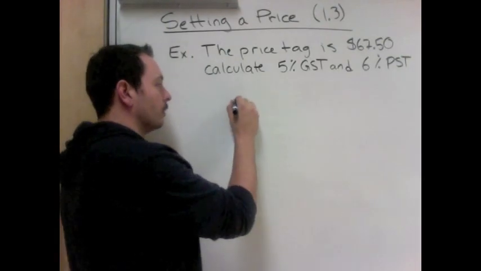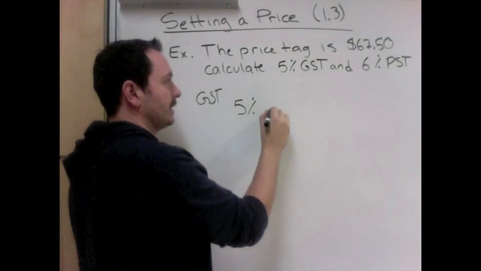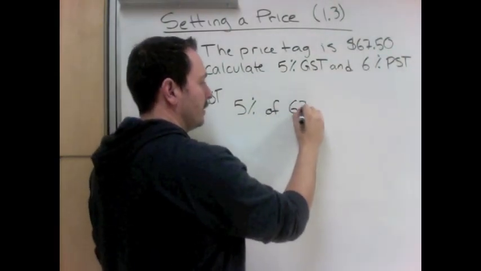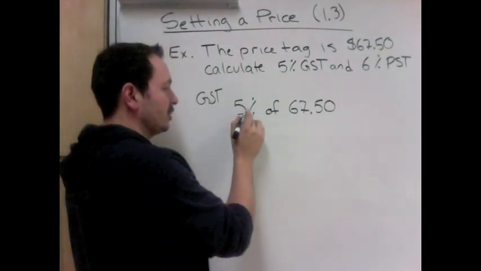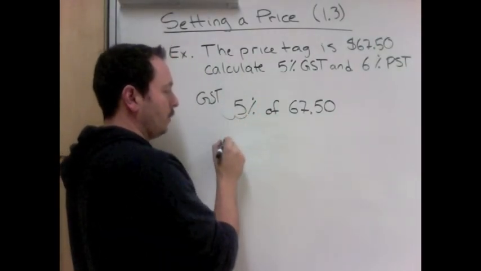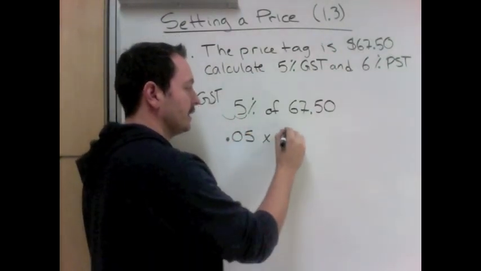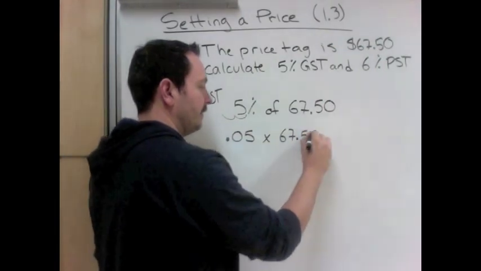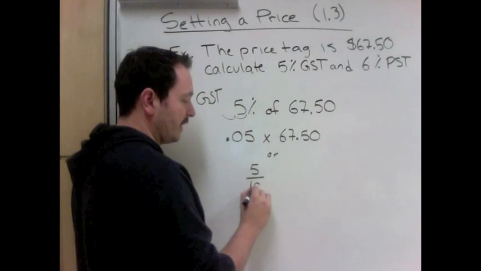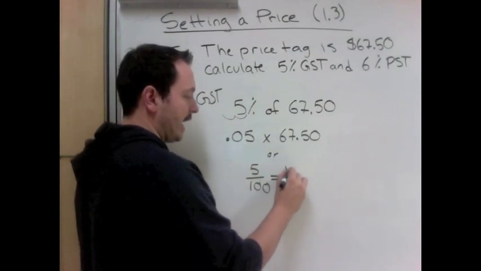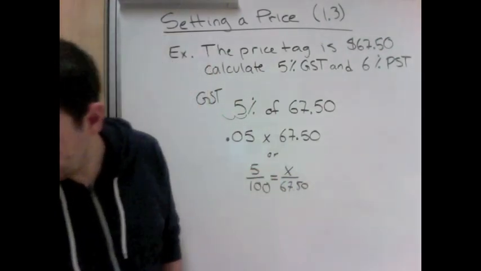So we are looking to find out how much GST is, 5% of $67.50. So we can change this to a decimal by making it jump twice. 0.05 of means times 67.50, or we could use it's 5% out of 100, and it's how much out of 67.50, and we could use our fish technique.